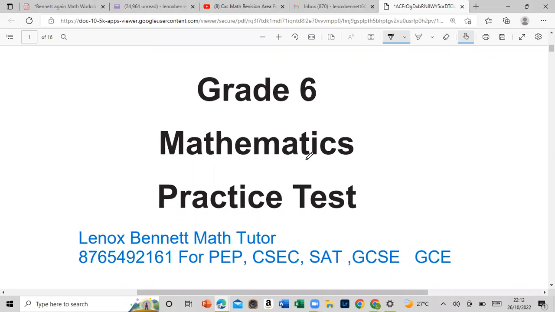I need to find out the other exams and get some other papers. St. Vincent, and I would say Common Entrance. That's the last name that I know for them. So you guys can type in the comment section the names of the different types of exams for the different territories, because I want to start expanding in terms of not just PEP, CSEC, SAT and so forth.